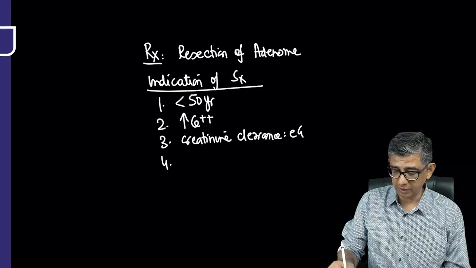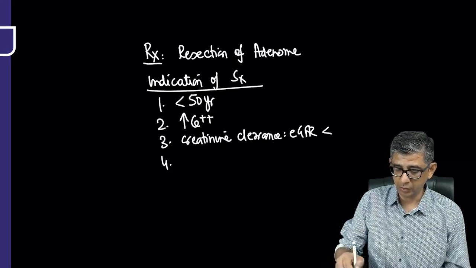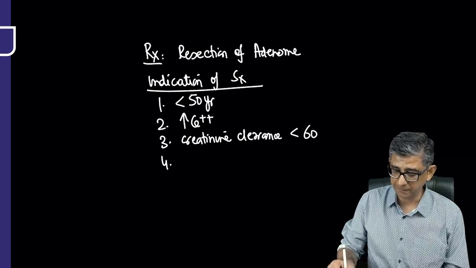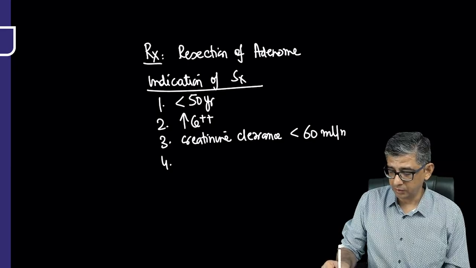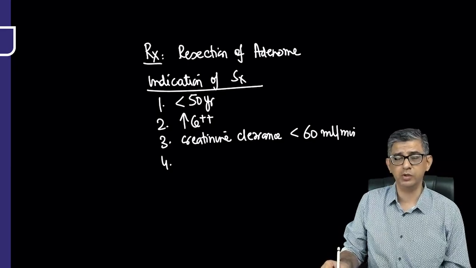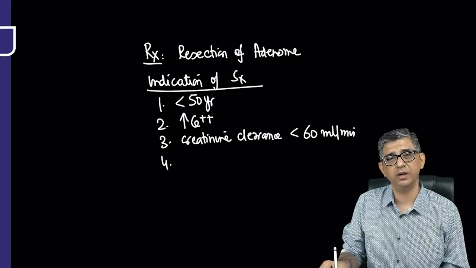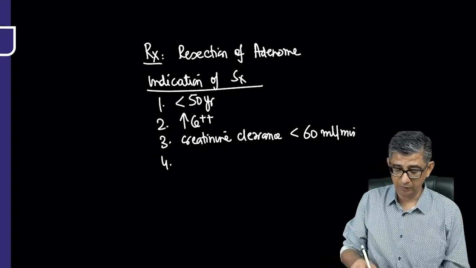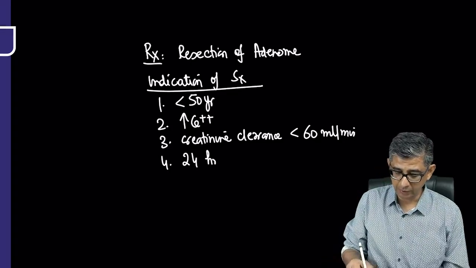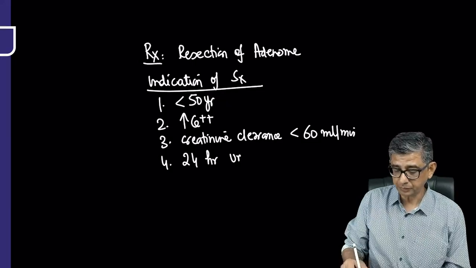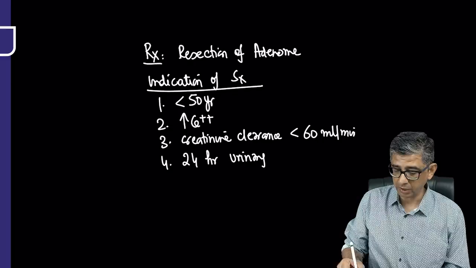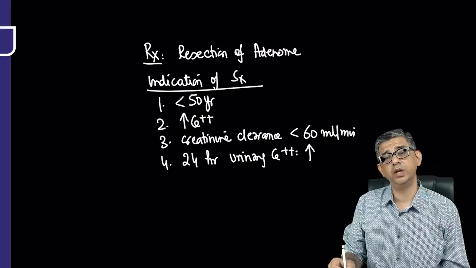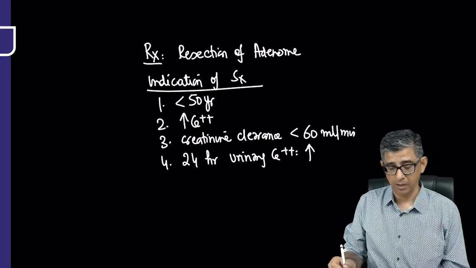If in a relatively younger patient with elevated calcium, I notice that the creatinine clearance is less than 60 ml per minute, then this person's lifespan would be reduced if we do not intervene, and that is why surgical intervention would increase the lifespan of an individual. Apart from this, another test that can supplement my decision would be the 24-hour urinary calcium value, because if calcium is more in the blood, then 24-hour urinary calcium would be elevated as well.